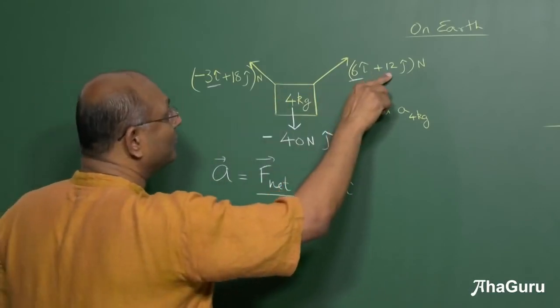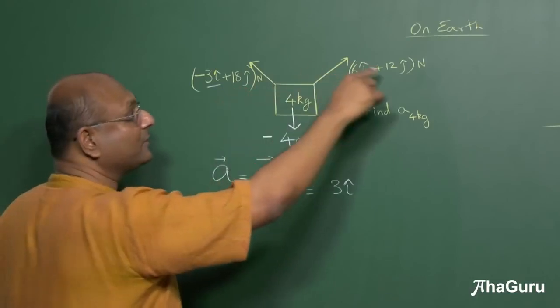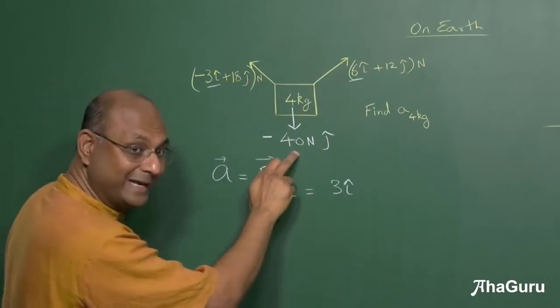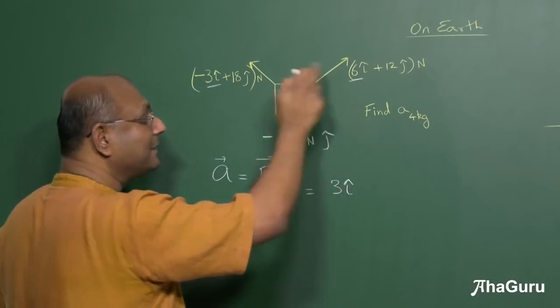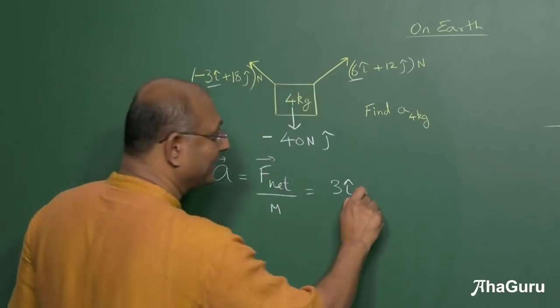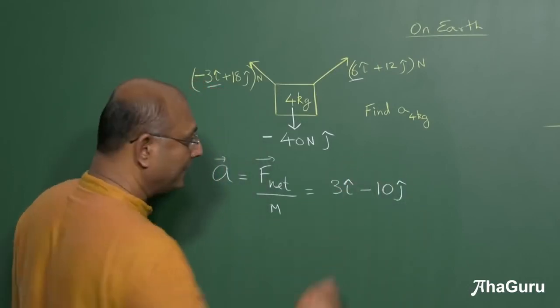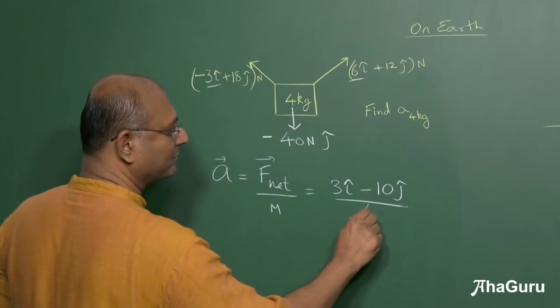Now you have 12 j cap, 18 j cap. What is 12 plus 18? 30. So that is 30 j cap minus 40 j cap, which is minus 10 j cap, divided by 4.